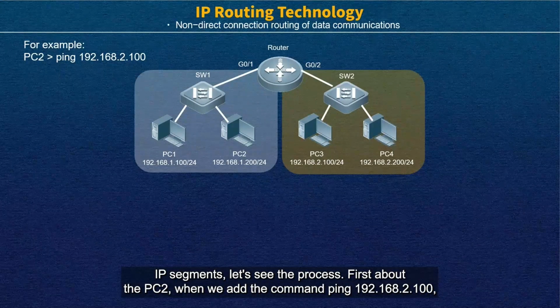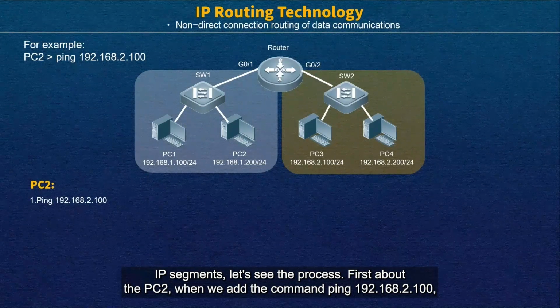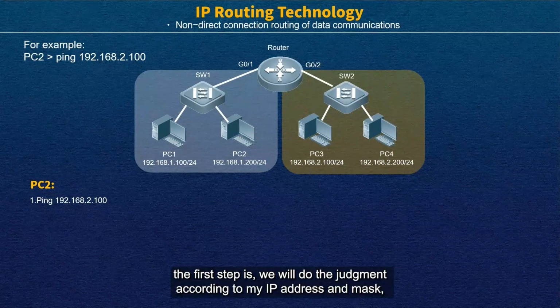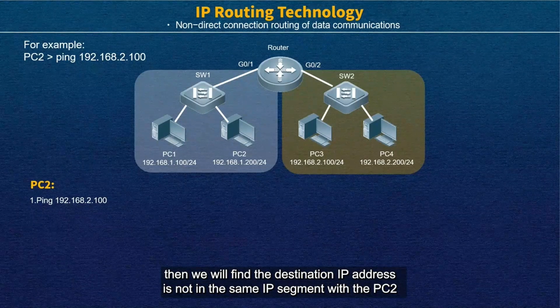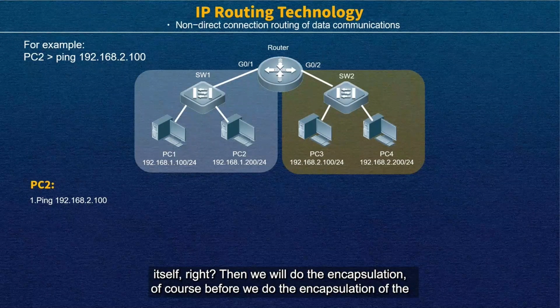Let's see the process. First, on PC2, when we enter the command ping 192.168.2.100, the first step is judgment. According to my IP address and mask, we will find the destination IP address is not in the same IP segment as PC2 itself, right?